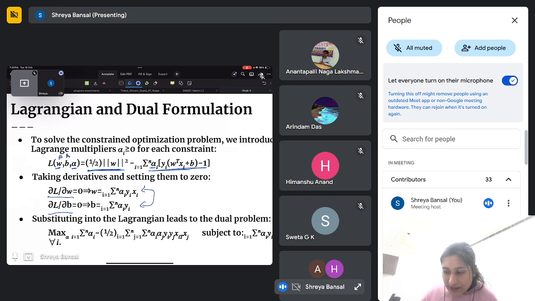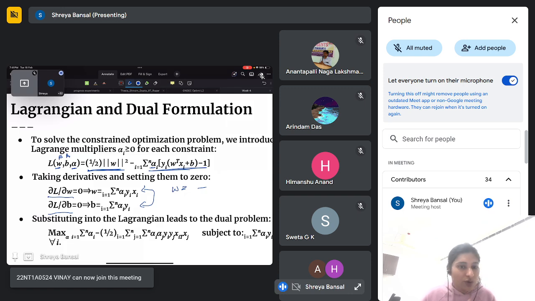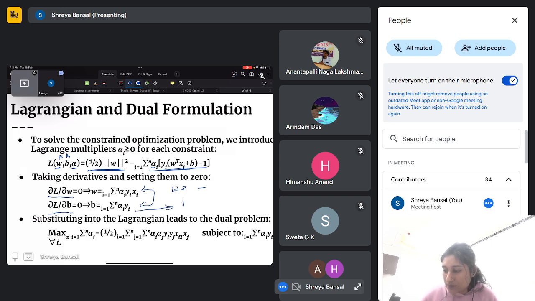When you differentiate L with respect to W and equate it to 0, you get the value of W equal to something. I'm not solving it for you, but you can solve that so that I can complete this lecture. Secondly, when you differentiate with respect to beta naught or B, you will get this value. It's not a big thing.